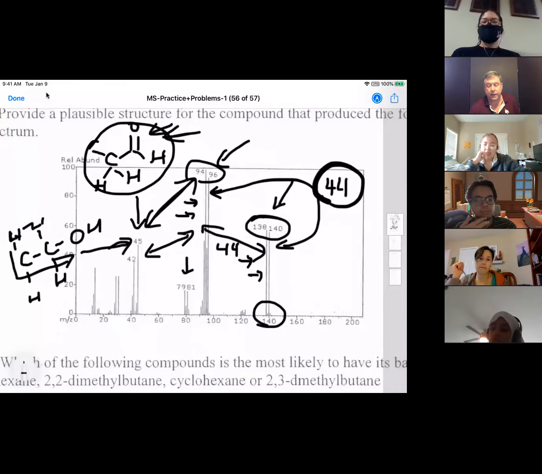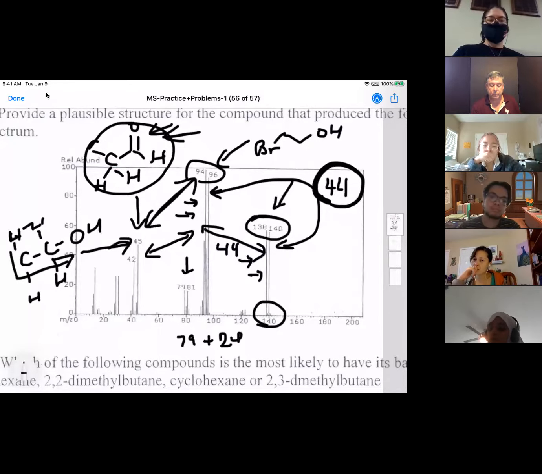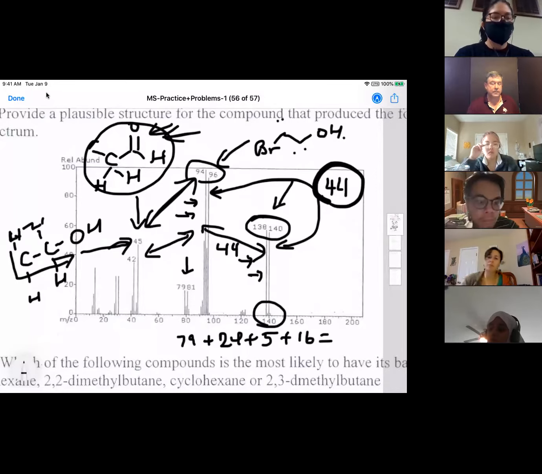So I think we have, so what would the molecular weight of that compound be? We would have 79 plus 2 carbons, which would be 24, plus 1, 2, 3, 4, 5 hydrogens, plus oxygen. What's that molecular weight now?